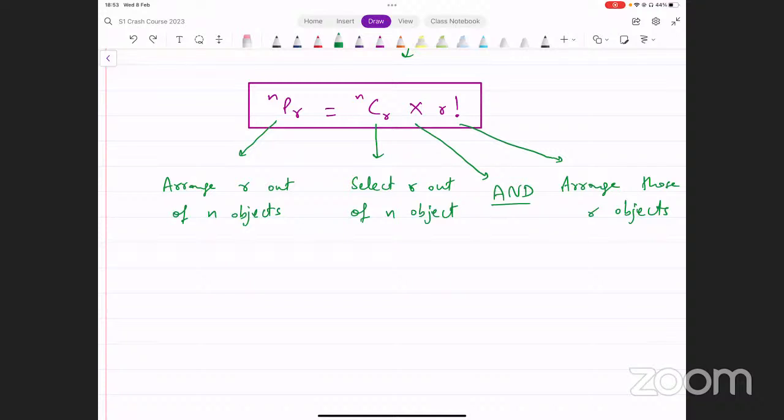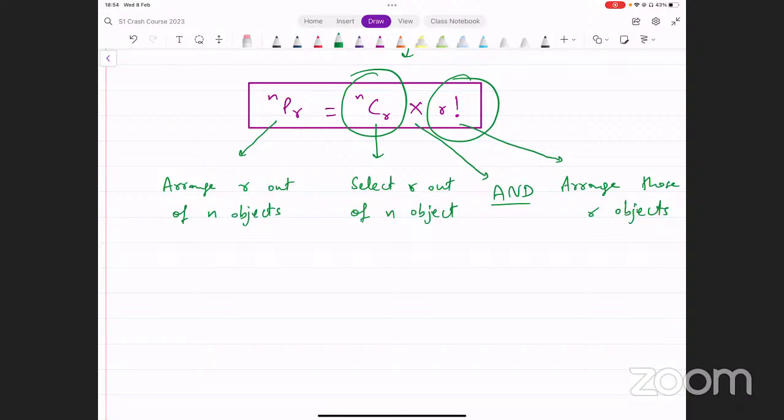In that case, you cannot use the nPr formula directly. You'll have to split it up. You'll have to first select the required objects using the given conditions and then arrange them after that. You'll have to split this process into two parts. So even though you will be asked to arrange something, you would say, let's choose them first.